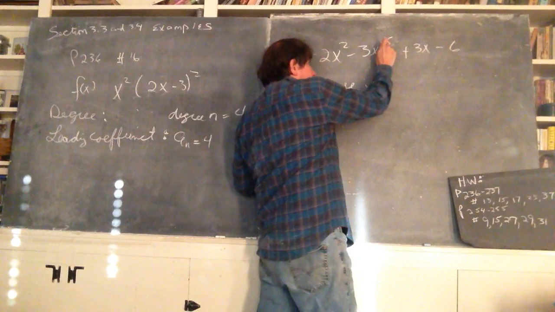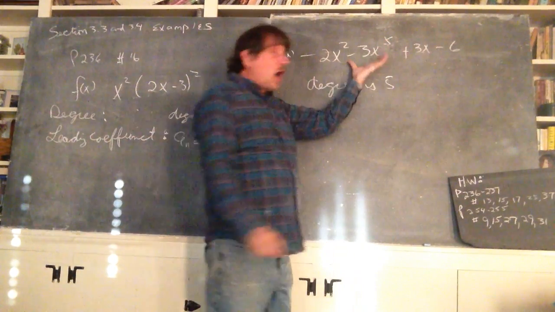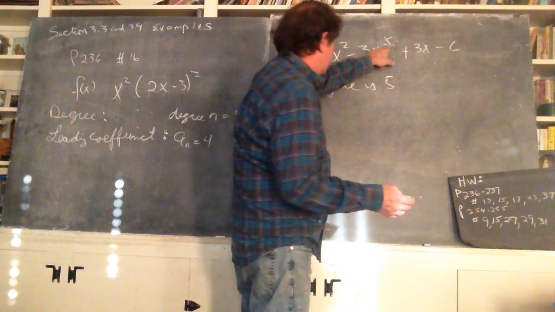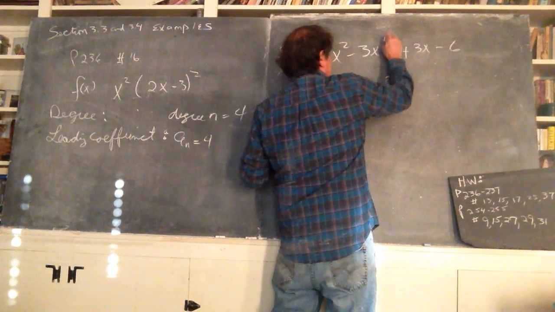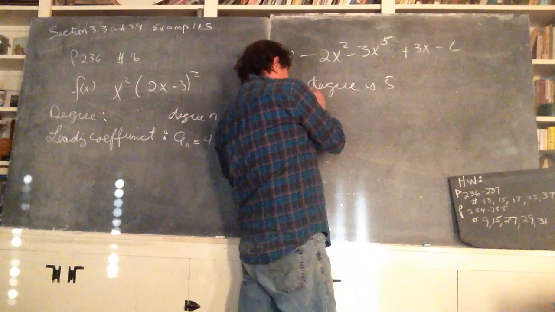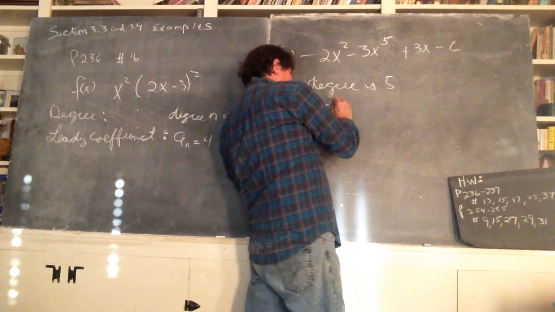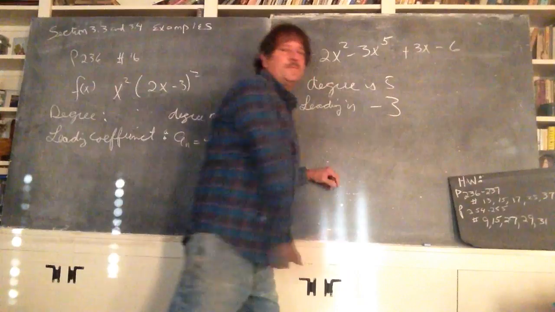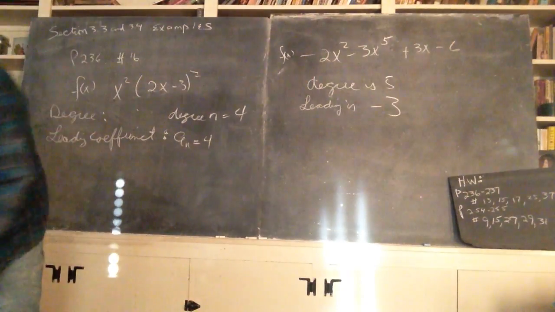The degree is 5. The greatest exponent is always the degree. So the degree is 5, and the leading coefficient is the one with the x to the 5, which is negative 3. So those are those two problems.